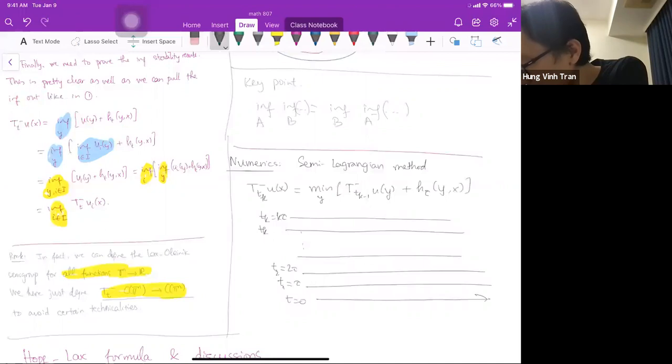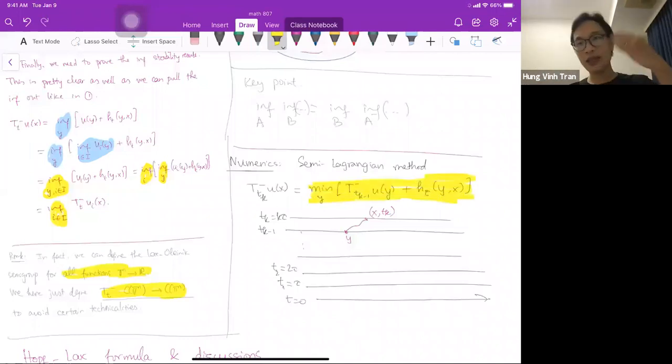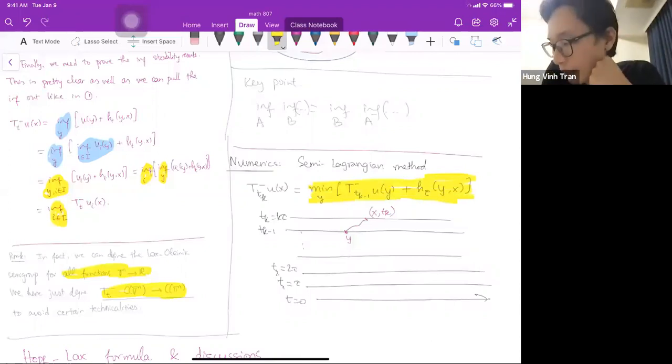You go from T_{K-1} to T_K, going from y to some x, trying to find the best case scenario, trying to solve this minimization problem step by step, iteratively. And along the way, they also write down the Euler-Lagrange equation, because h_tau of (y,x) is solving the minimization problem. It's quite complicated, but that's essentially the idea of the whole semi-Lagrangian method.